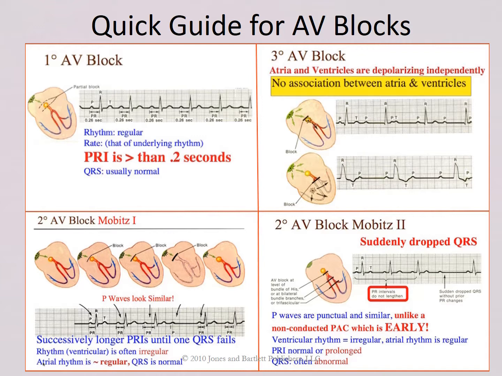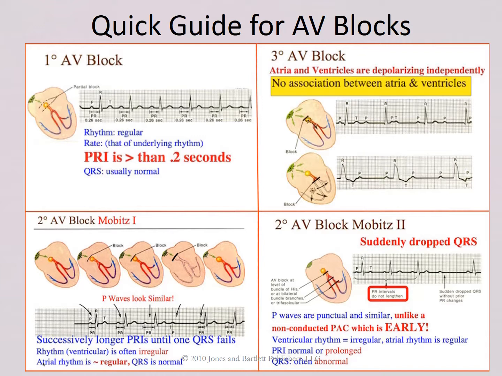Going down, we have second degree AV block, Mobitz 1, which is also called Wenckebach. And this is where you have successively longer PR intervals to the point at which you lose a QRS complex. So it takes a little bit longer each time to get that signal to the ventricle, and then all of a sudden it doesn't get to your ventricle at all.